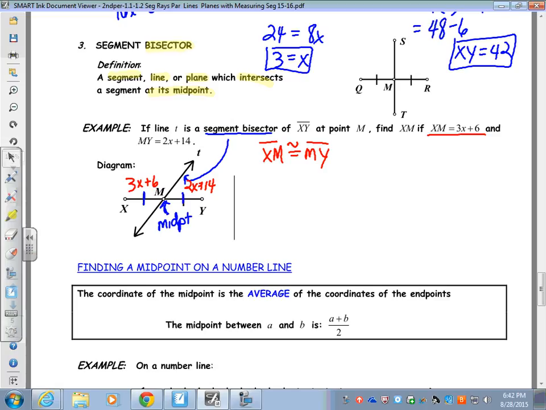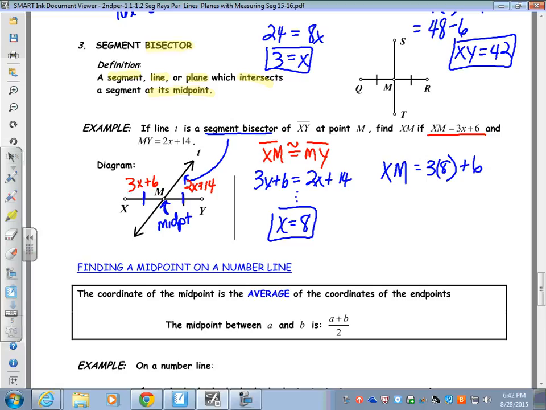And if they're congruent, they're equal, and if they're equal, they're congruent. So I can solve for x to help me find XM. So 3x plus 6 equals 2x plus 14. Well, you work it out, you get x equals 8. And then XM is equal to 3 times that 8 plus 6, which means XM is 30.